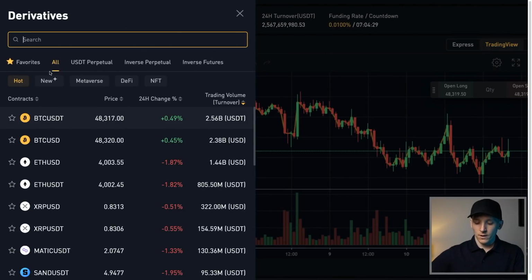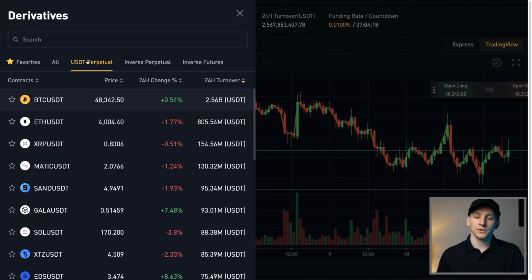So really what I want to go through is the different types of contracts. There's a few different ones. Whatever your market is, there's a few ways to trade it. The first is a USDT perpetual. This means that the future that you're trading or the leverage product that you're trading is perpetual rather than having an expiry date.